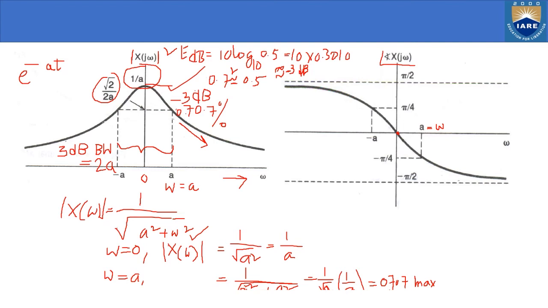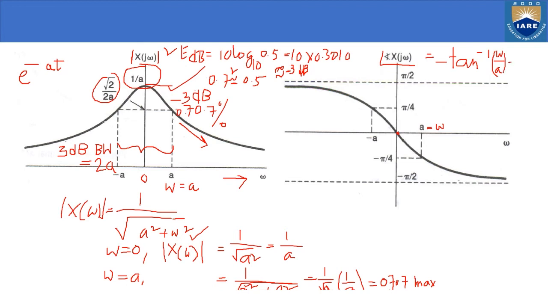So what does it mean? What is the equation for this? It is minus tan inverse omega by A. This is what you have.